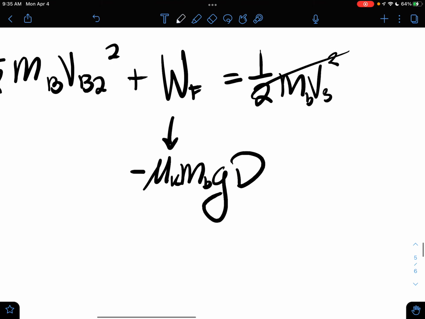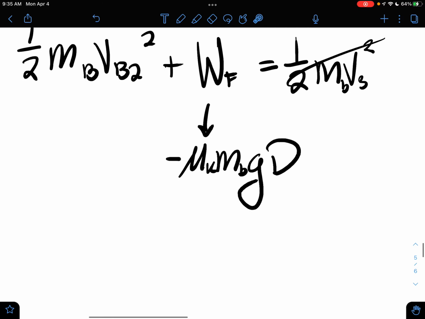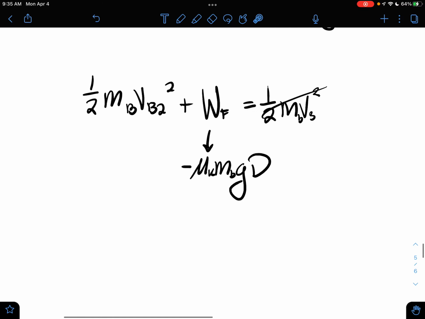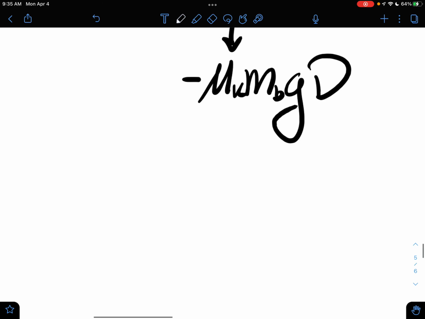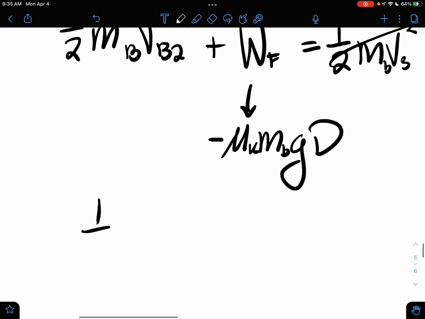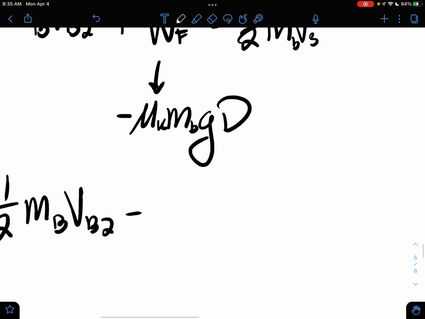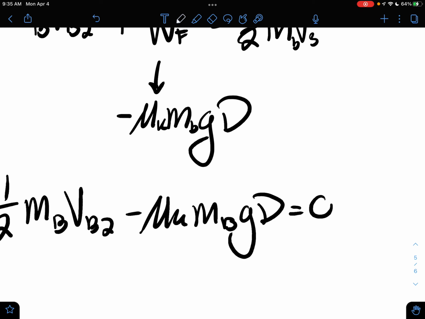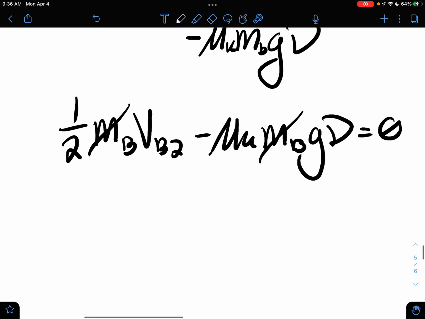B for ball, B for box. I set it up and it's got to keep it straight. So same thing I did before: 1/2 m_B v_B2 squared minus mu_k m_B g d equals 0. I can divide out that mass.